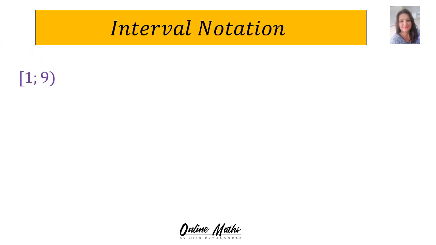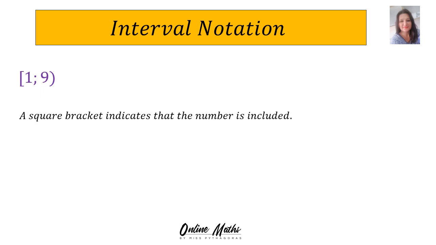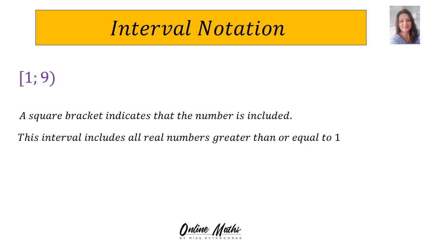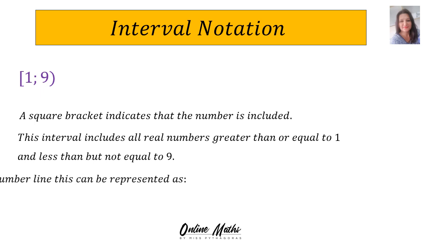There's another interval notation, and suddenly there's a square bracket. A square bracket indicates that the number is included. This interval includes all real numbers greater than or equal to 1 because of the square bracket, and less than but not equal to 9 because of the round bracket.